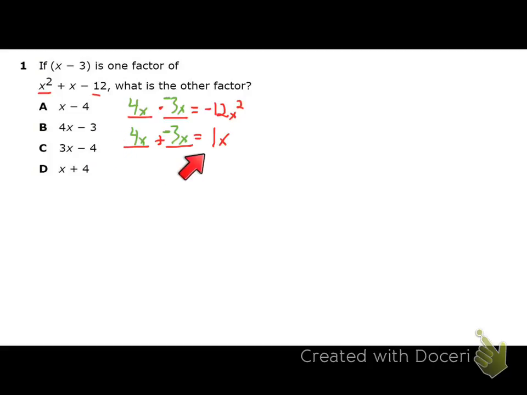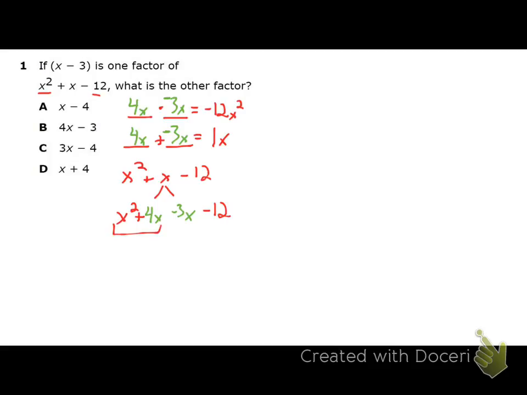If I put my negative sign on the 4, that would give us a negative 1x. So now we're going to rewrite our trinomial. It's x squared plus x minus 12, and we're going to rewrite that x as what we just figured out, 4x minus 3x. And that's still got my minus 12. Now, I guess I can put a plus sign right there.